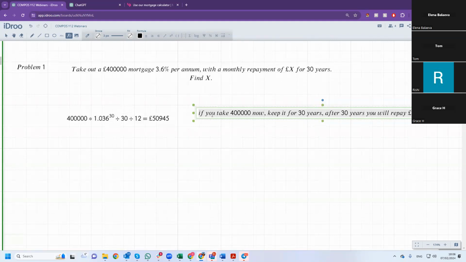Oh no, that doesn't make any sense. 400,000 times 1.036 to the power 30.